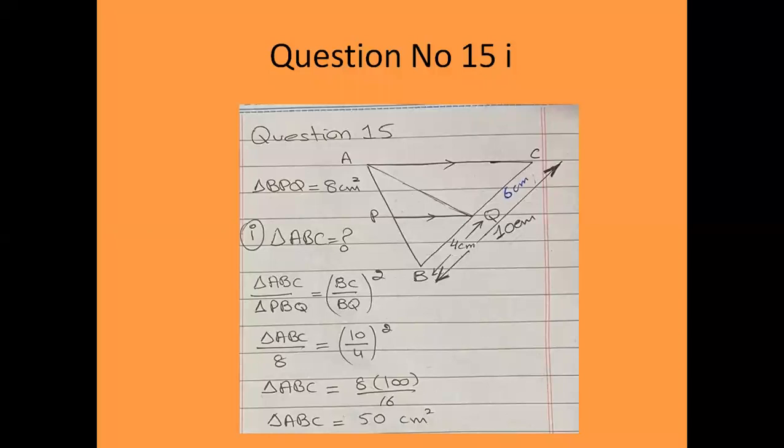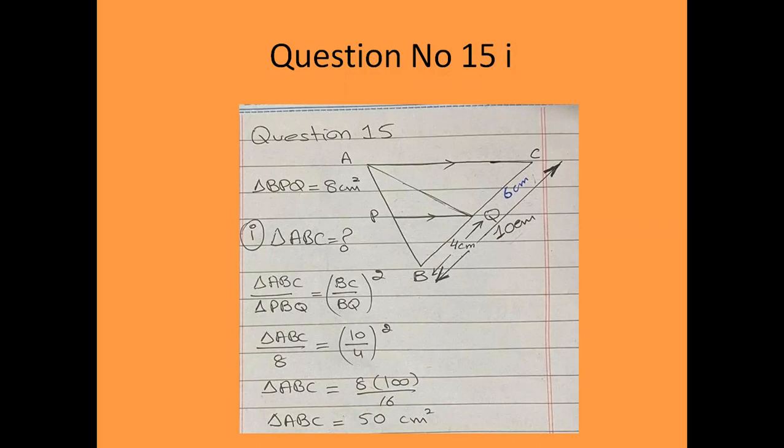So the area of triangle BPQ is 8 centimeters squared. The area of triangle ABC is the question. The triangle ABC by the triangle PBQ will be BC divided by BQ whole squared, because they are similar. So the ratio of their areas is equal to the square of the ratio of their sides.